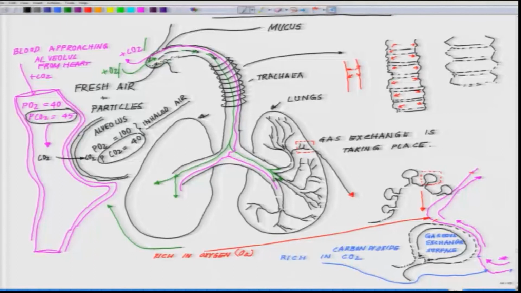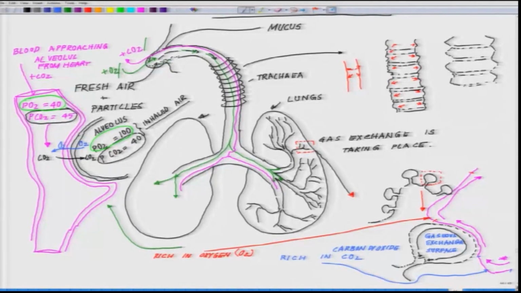Now, if we look at the oxygen numbers, PCO2 is sitting at 40, whereas PO2 here is 100. So, automatically oxygen will travel from the alveolus to this chamber. Okay. So, this is how the exchange is taking place.